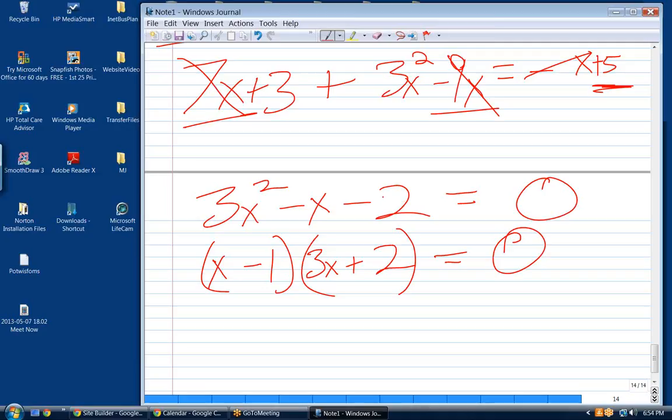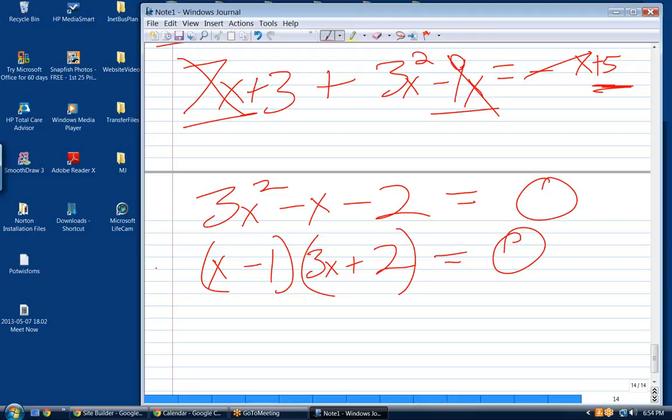I mean, make this a 12 and the problem becomes super hard because now there's all kinds of factors of 12. I would have like 8 different combinations I would have to try. But they're not going to give you a 12 here. They're going to make these easy. In other words, there's only so many factors of 3 and there's only so many factors of 2.